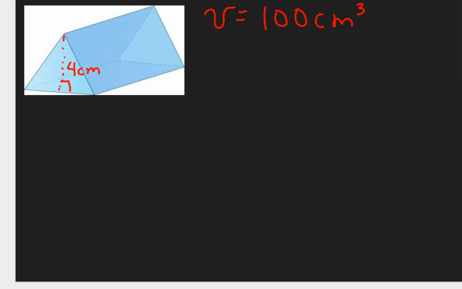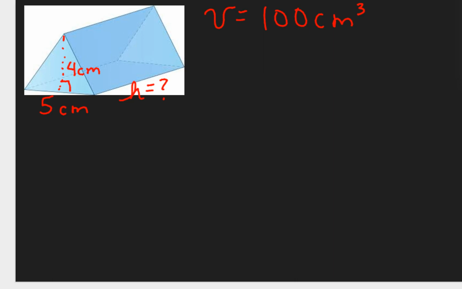And we know that the base of that triangle is going to be 5 centimeters. What we want to find out then is what is the height of the triangular prism. Make sure you have all that written in your notes. Pause the video if you need to catch up.